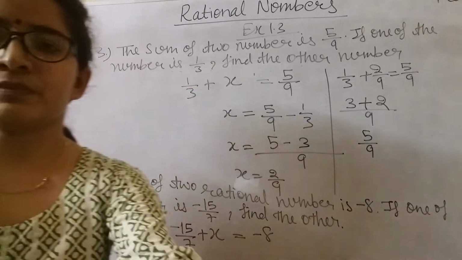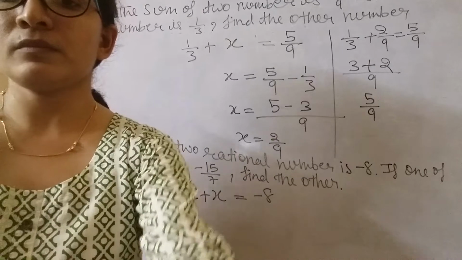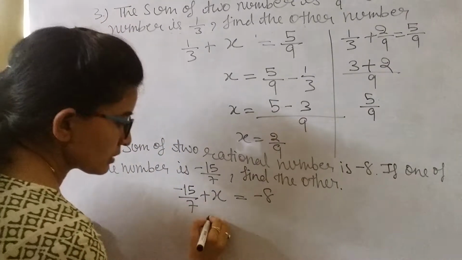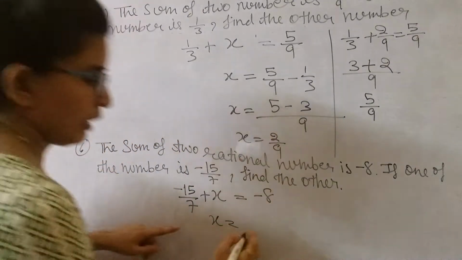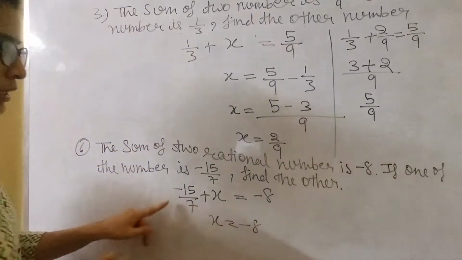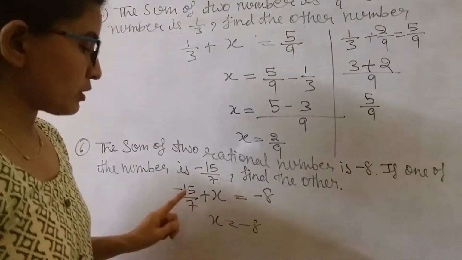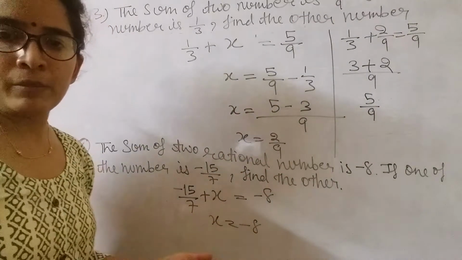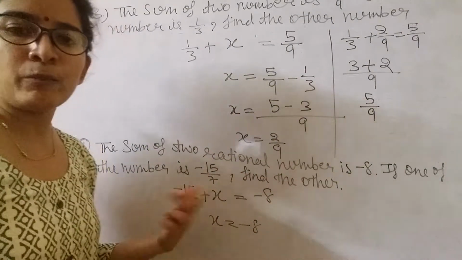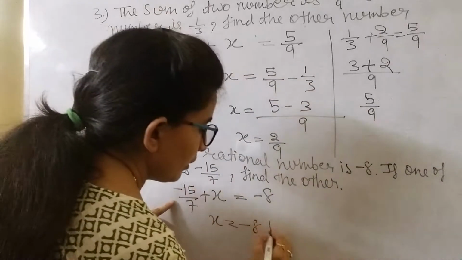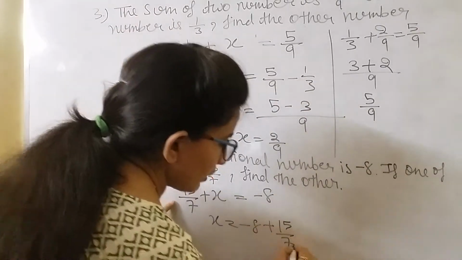Now we will keep this x on the left hand side and move this 15 upon 7 to the right hand side. By moving this 15 upon 7 to the right hand side, the negative number will become positive. So that will be 15 upon 7.